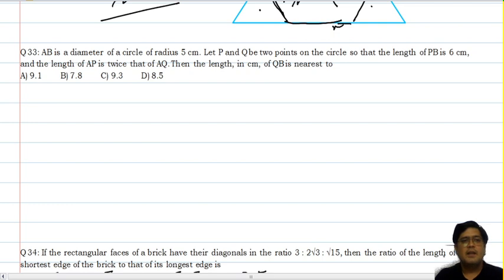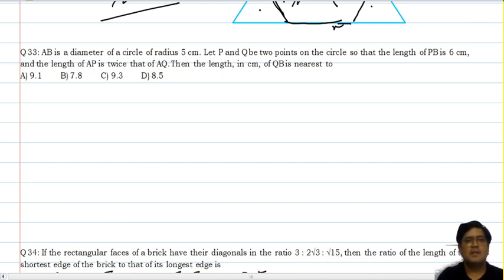AB is a diameter of a circle of radius 5 centimeters. Let P and Q be 2 points on the circle such that length of PB is 6 centimeters and length of AP is twice of AQ. Okay. Then the length in centimeters of QB is nearest to.